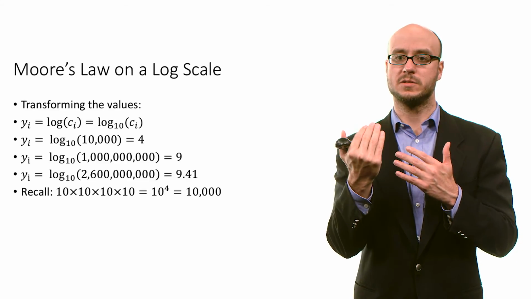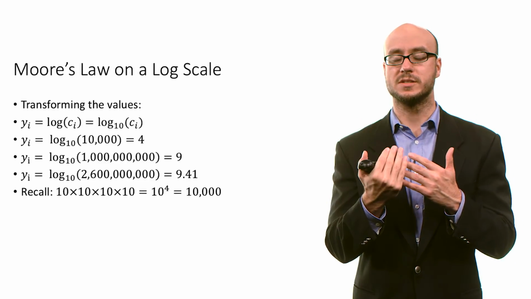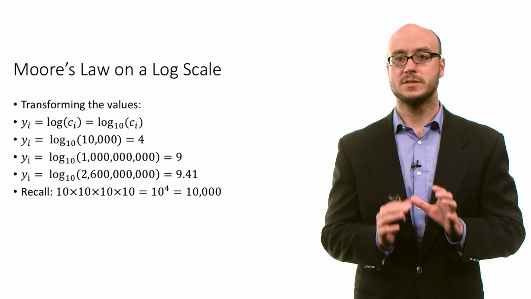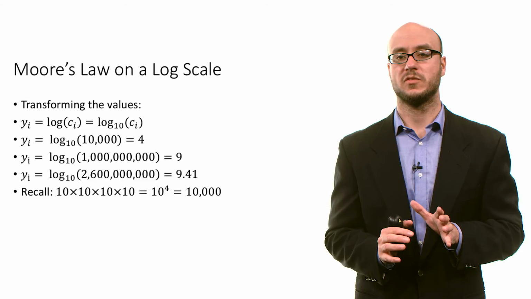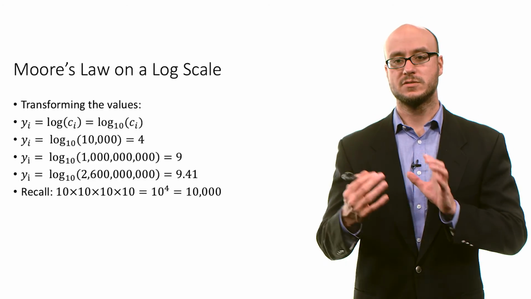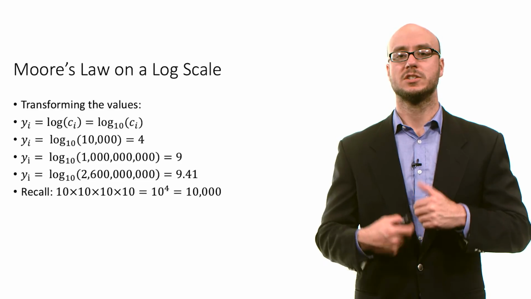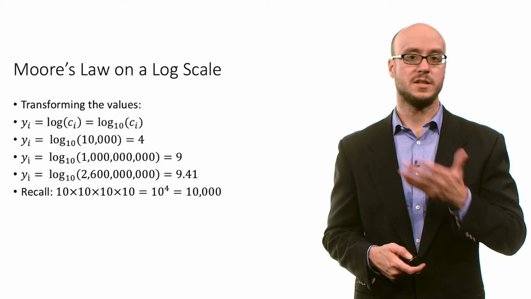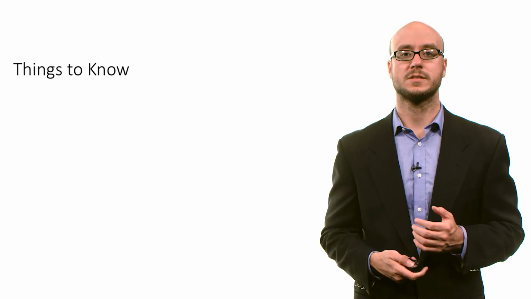It also removes the skewness that we have with the original set of data. So in essence, we can think of this logarithmic transformation as a nonlinear transformation that's changing the shape of the data so that we can use it in ways that are consistent with our statistical techniques, such as covariance and correlation.